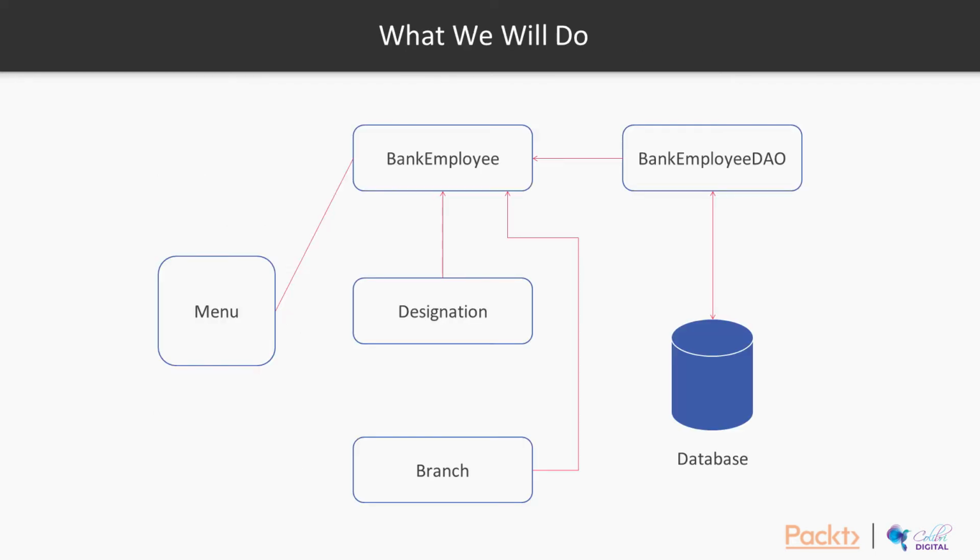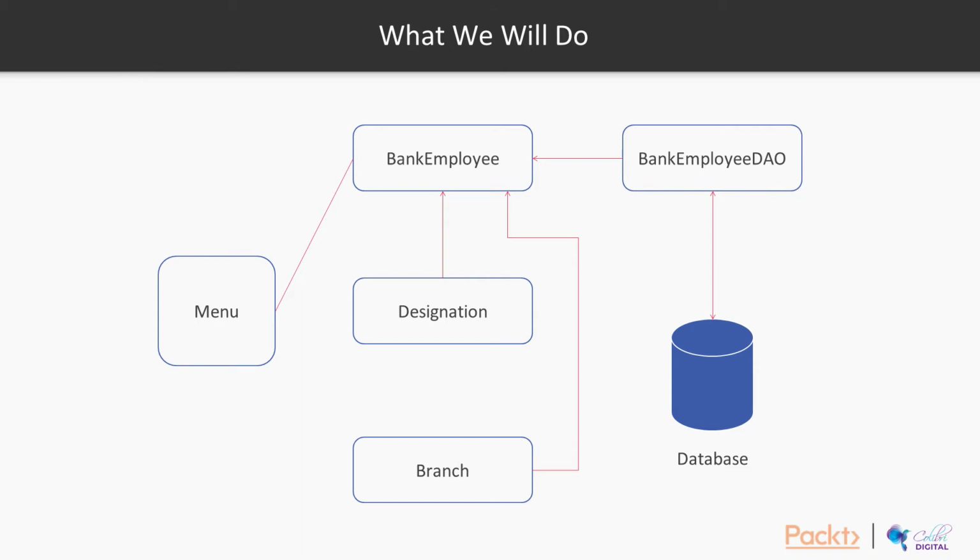Now, what we're going to be doing is this. We're going to have a class for the menu. We're going to have a bank employee class, a class called designation, and a class called branch. We'll also have a class called bank employee DAO. That DAO stands for Data Access Object.